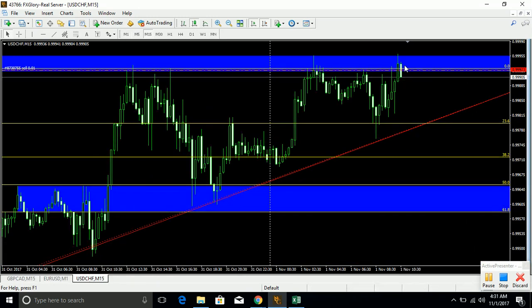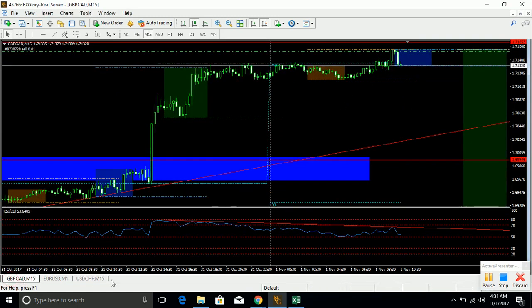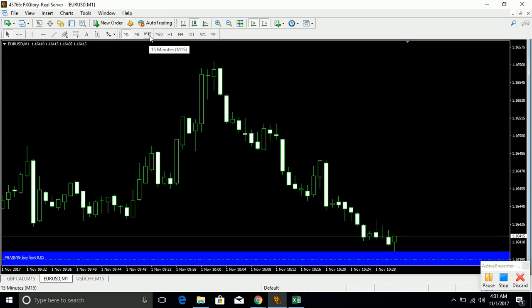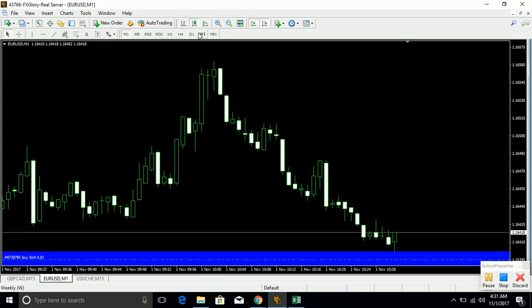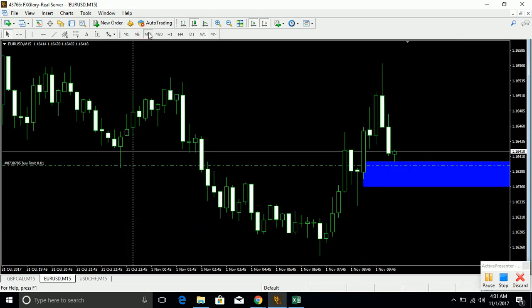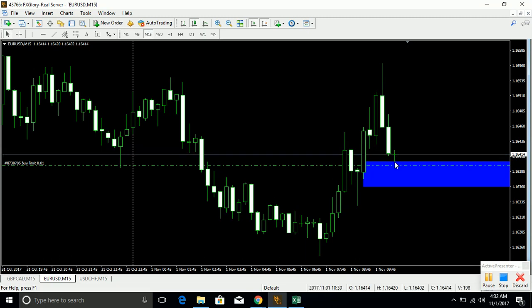Here's our USD CHF, and here's our pound CAD. Now, we'll see if our USD is going to come down here and push us into, it might take off right from here. But I am going to anticipate a nice pullback. Now this is a pending order, so it has to drop below here to activate.